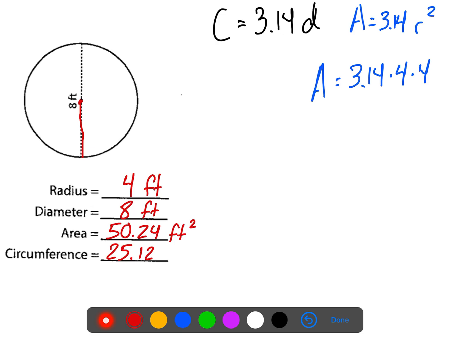So I could write it that way, or I could just write the words square feet. Either one would be a fine label. Now the circumference, remember, is just talking about a distance. That's still able to be labeled in feet, just like the radius and diameter that were another distance that was measured.